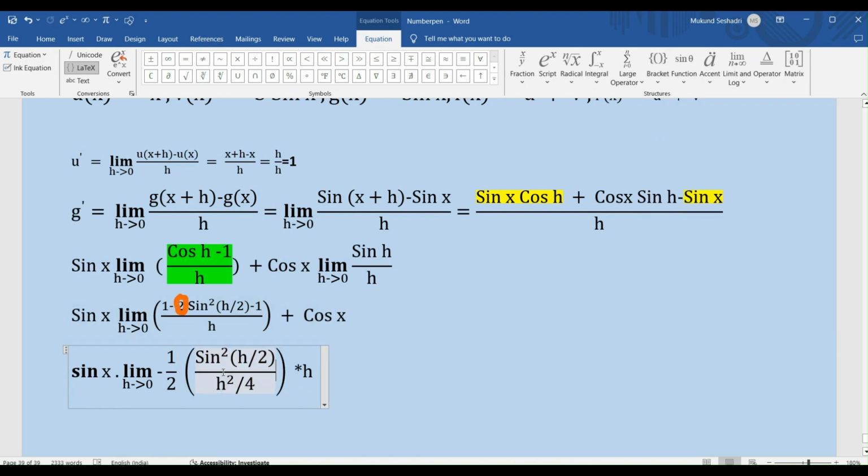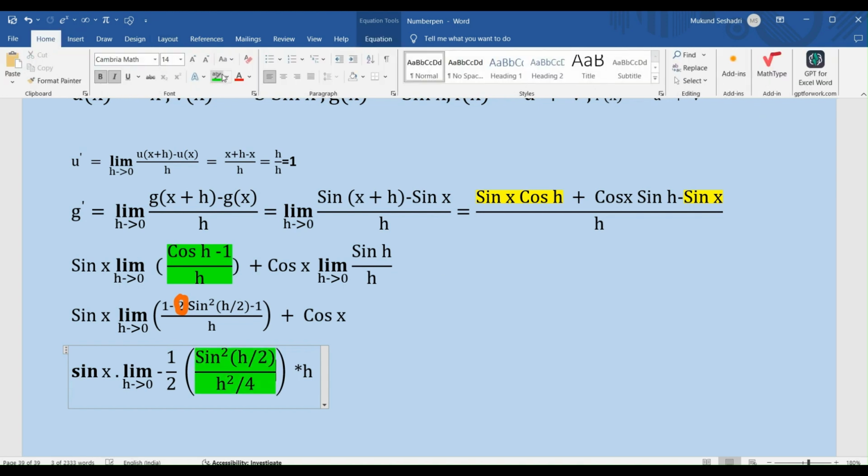This expression, which I'm going to highlight in, say, green, is now represented as sine square h by 2 divided by h square by 4, right? And this can be written as sine of h by 2 divided by h by 2, whole square.